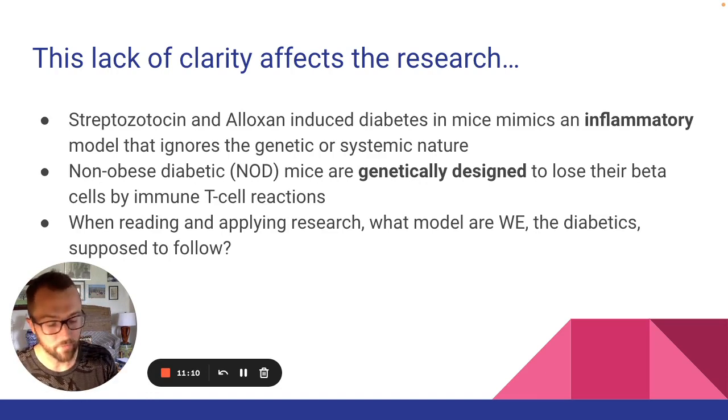So when you give a mouse streptozotocin or alloxan, what's the effect on the liver? Is the liver at all affected? Is the greater endocrine system, the thyroid, the digestive system, are any of those things also affected to the extent where they are having an effect on the variables that we're interested in as diabetics looking at these mice?